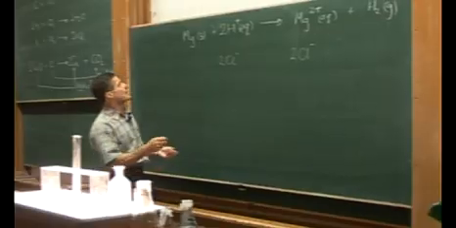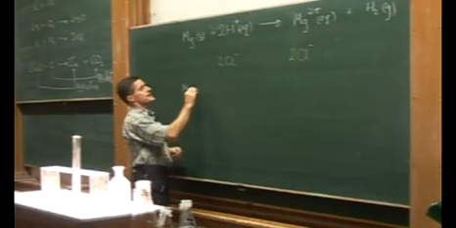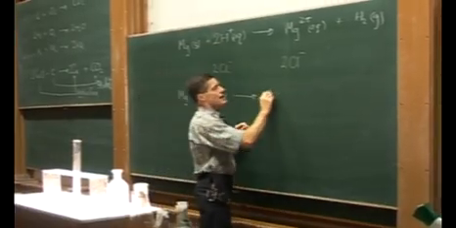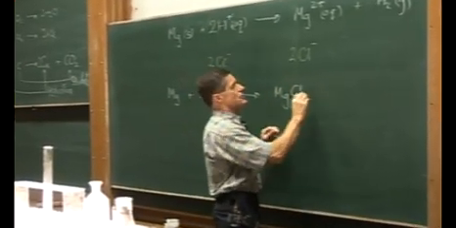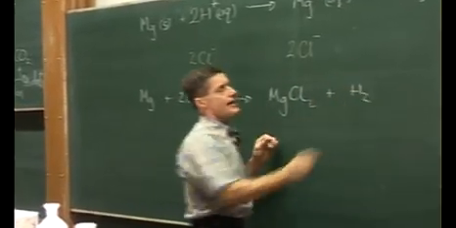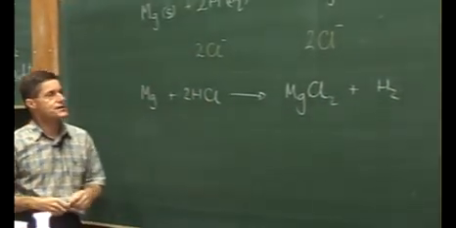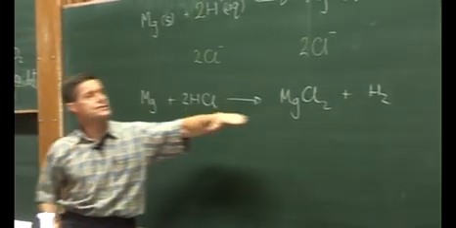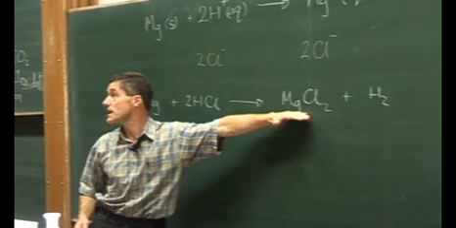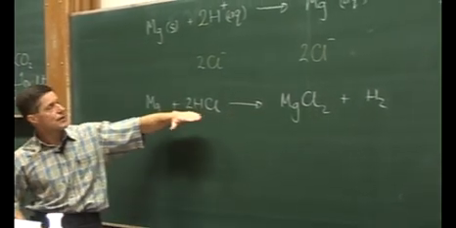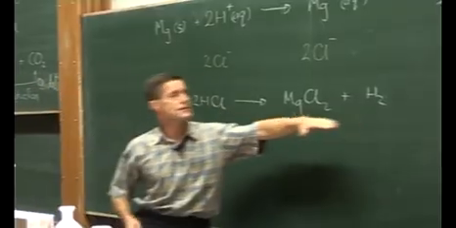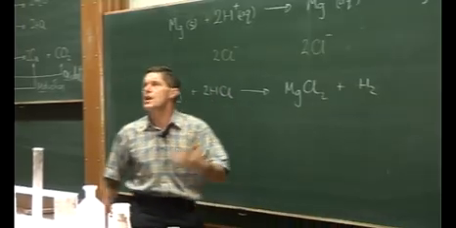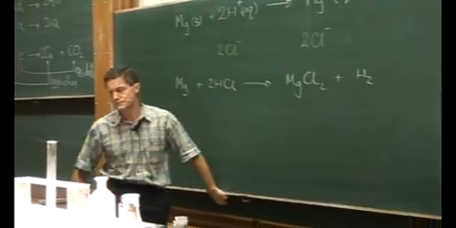And overall, I might write a formula equation for this, something like magnesium chloride plus hydrogen. And once again, I've got a situation where I've gone from an element to a compound, an oxidation reaction, and a situation where I've gone from a compound to an element, at least in terms of what's happening to the hydrogen. So a reduction type reaction.